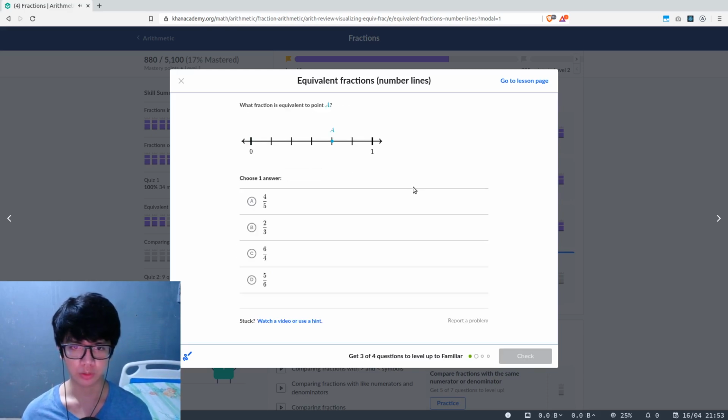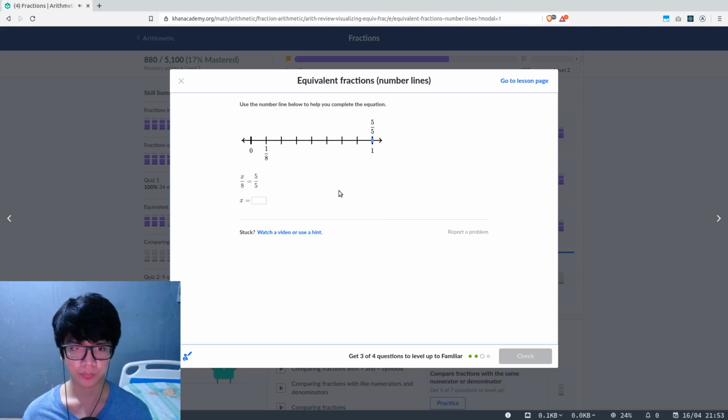What fraction is equal to point A? 1, 2, 3, 4, 5, 6. That's 4, 6, or 2 thirds. Use the number line below to help complete the equation. Oh, this is insane. This is 8.